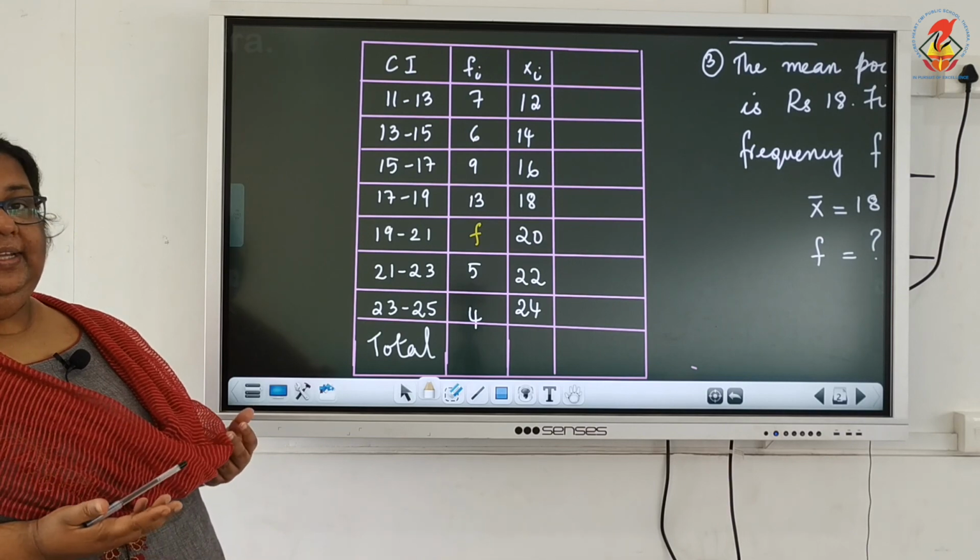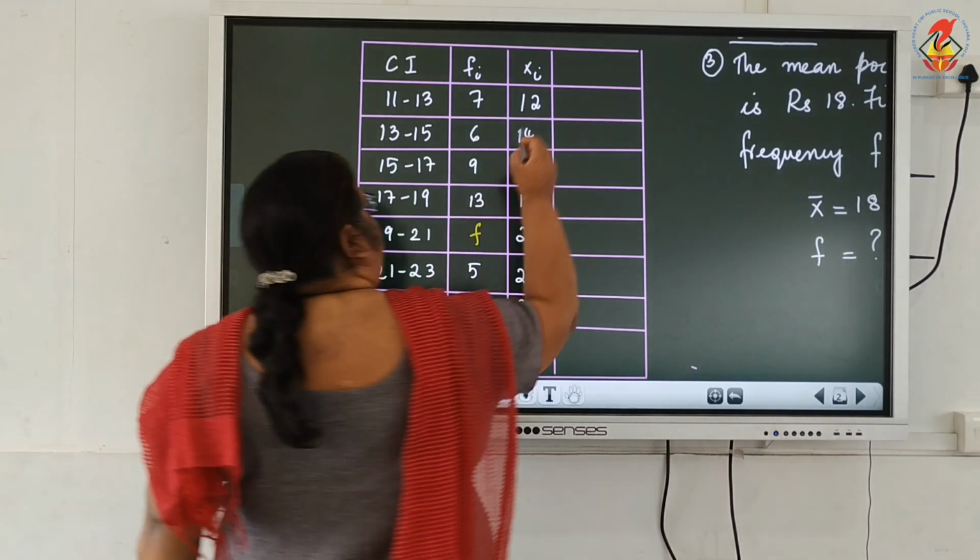And what will be the next column? It will be xifi.